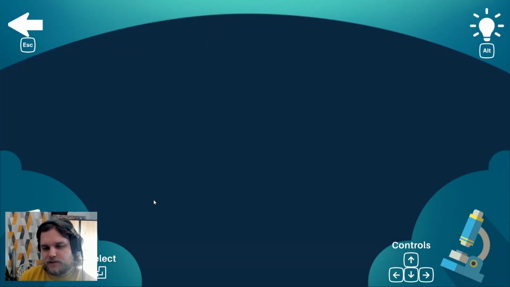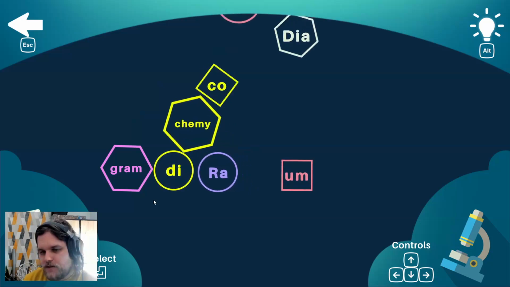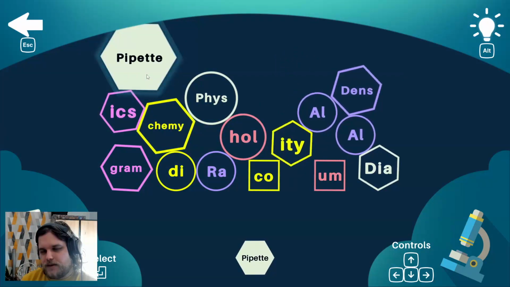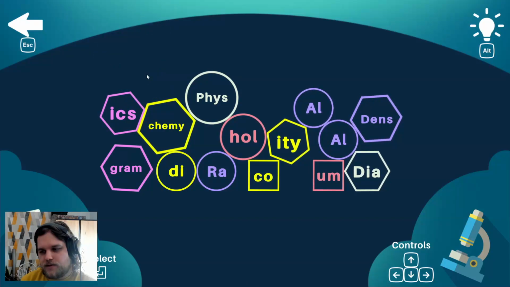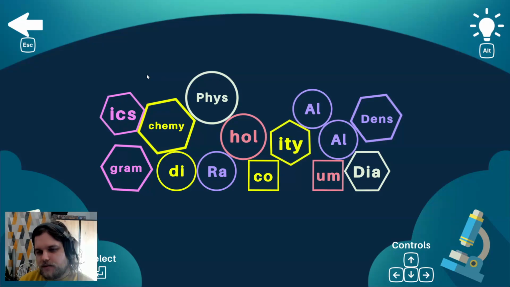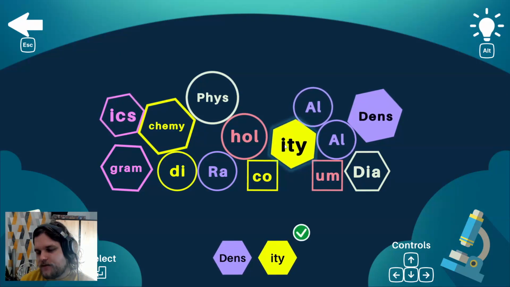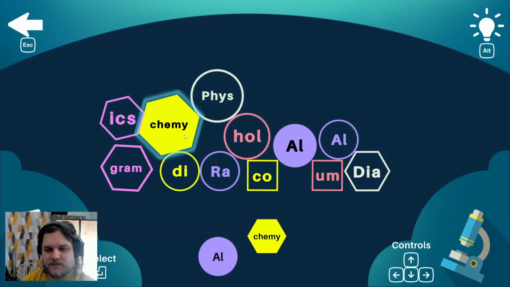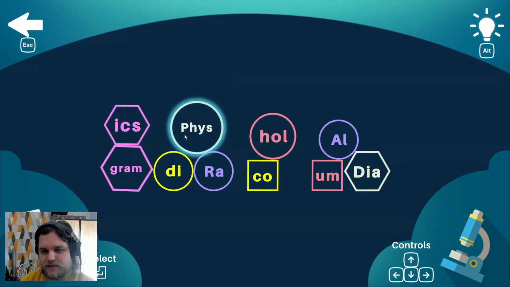But yeah, getting rid of the rest of the syllables made this part easier, of course. A pipette, something I can use in chemistry, for example, to get some small part of the fluid. Density of something. Alchemy, of course, more like a sci-fi thing, fantasy.